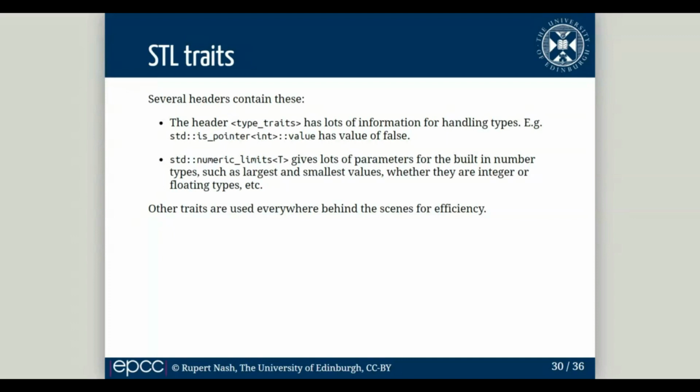Its value would be false. We have numeric lists of lots of parameters from built-in types, such as the largest and smallest values, whether they're integer or floating types, etc. There's lots of traits that you can look up in the standard library, on cppreference, but that gives a little bit of a flavor of what this can return if you need to inspect the types themselves.